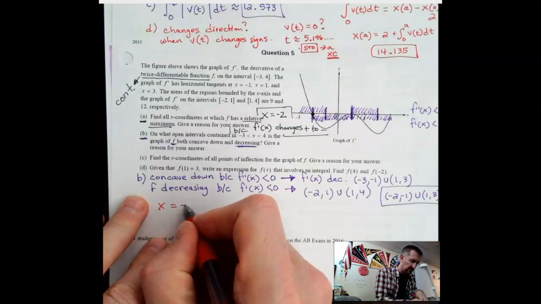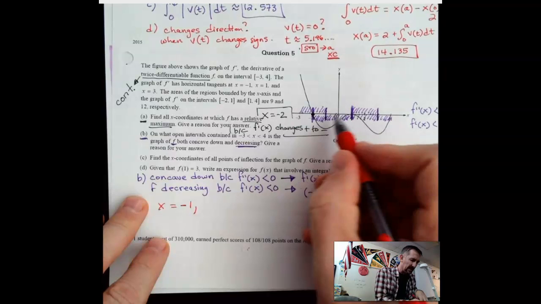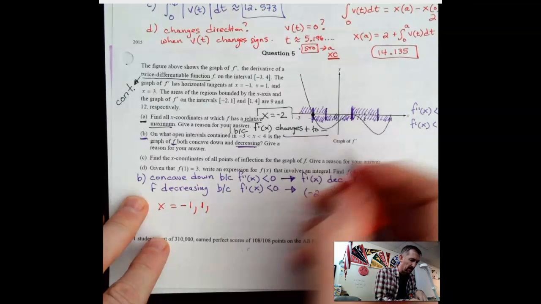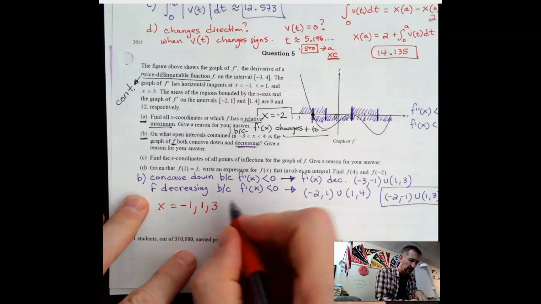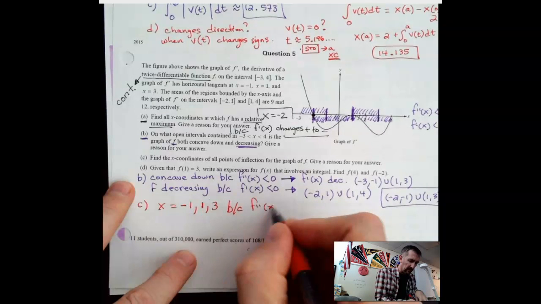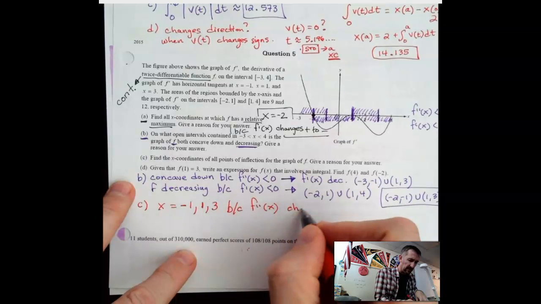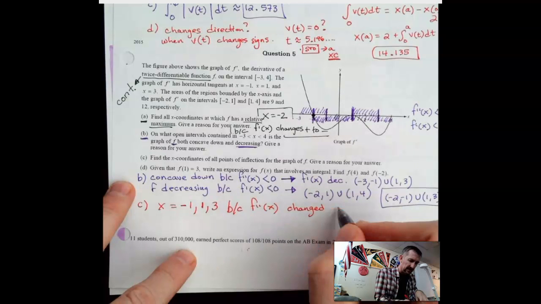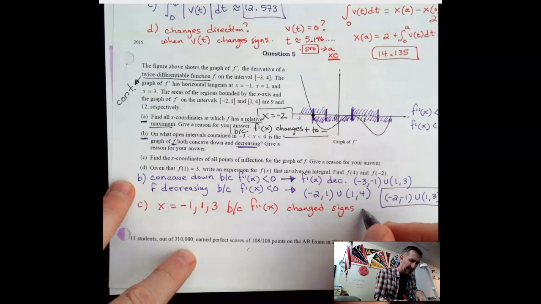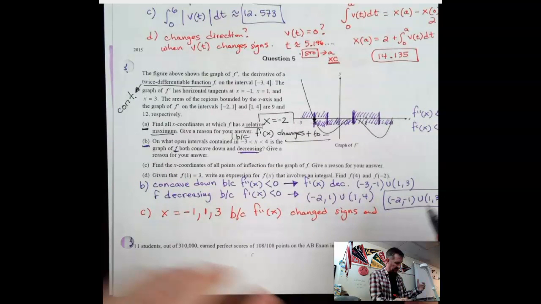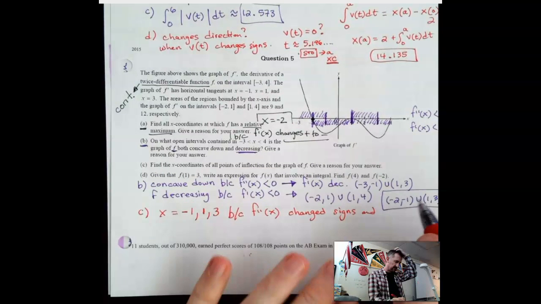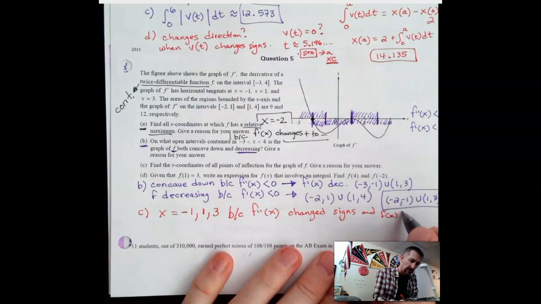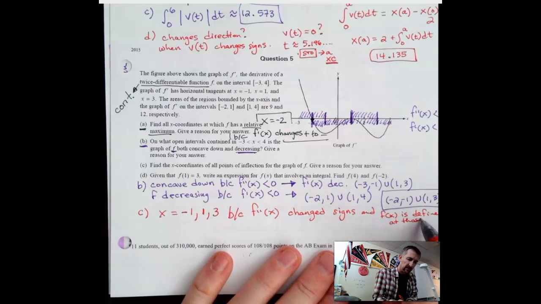So that's going to be -1, and then +1, and then +3. Because f double prime of x changed signs, and f of x is defined at those values.